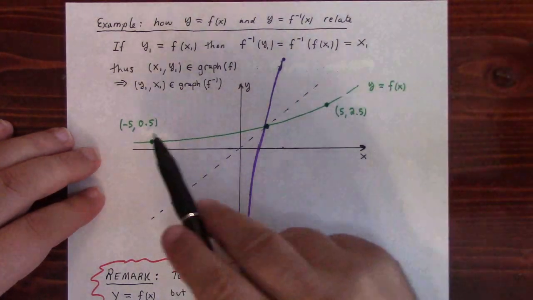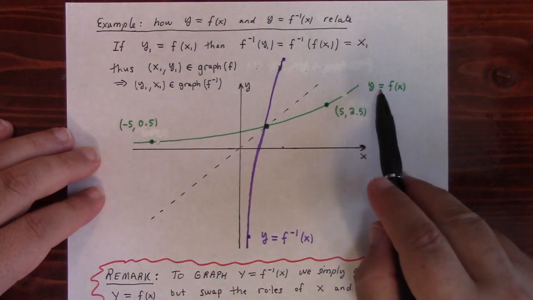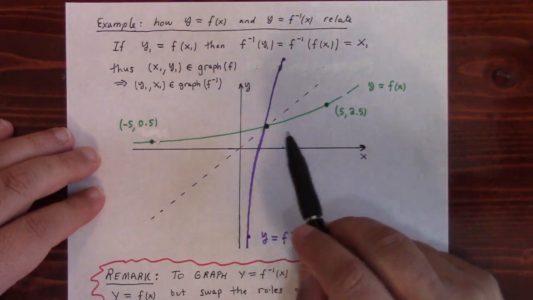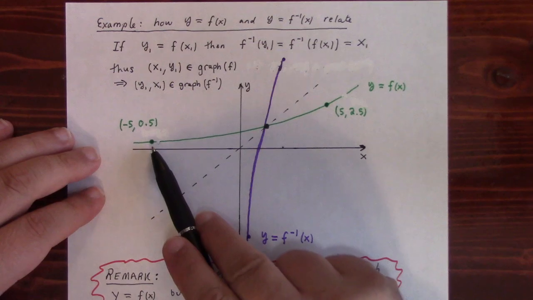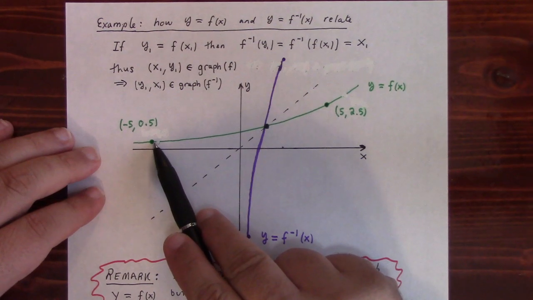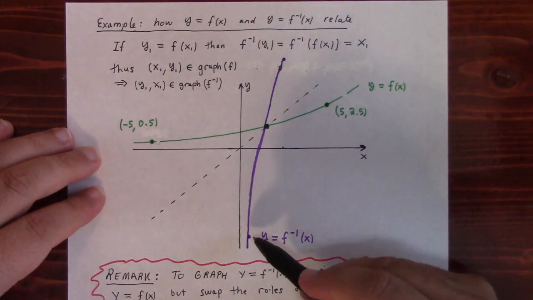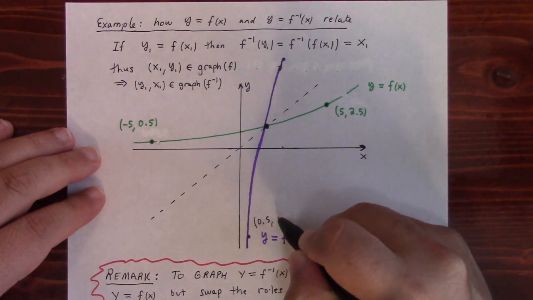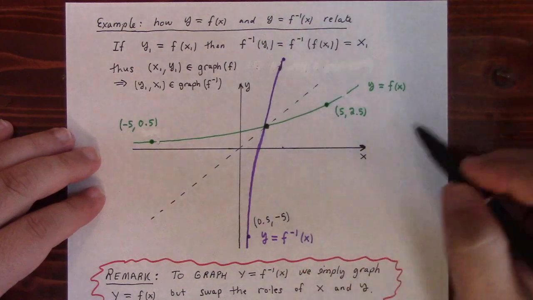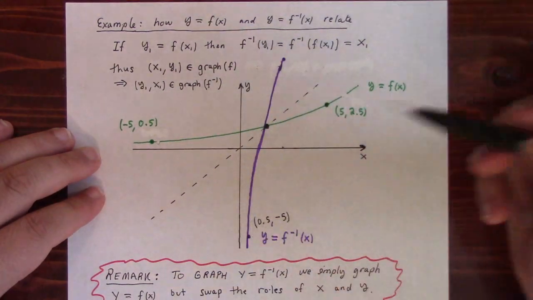So a given green graph, y equals f of x, and I tracked a couple points. The point -5, 0.5 is on the given graph of the function. That means that the corresponding flippity-floppity down here, 0.5, -5, is on the graph of the inverse function. That point tracks to that point.